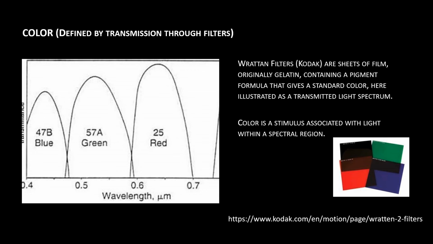These are very popular in the photography industry, the film industry, and so on, for standardizing the films, for creating effects, and so on. In the bottom right, there's an illustration of some Wratten filters. You buy them, they're little pieces of gelatin, very thin films. The black one is probably a neutral density filter, and you can buy them in the primary colors.